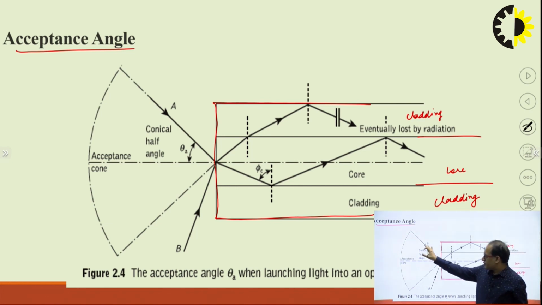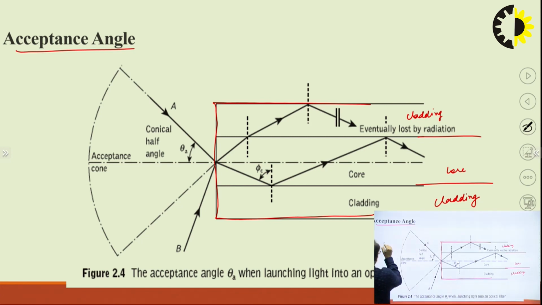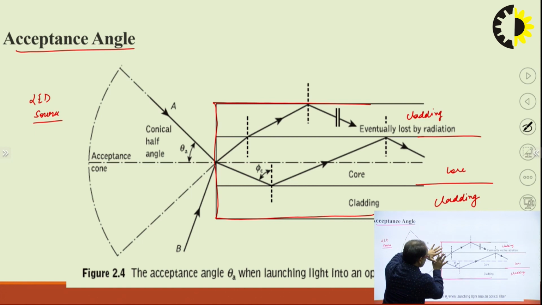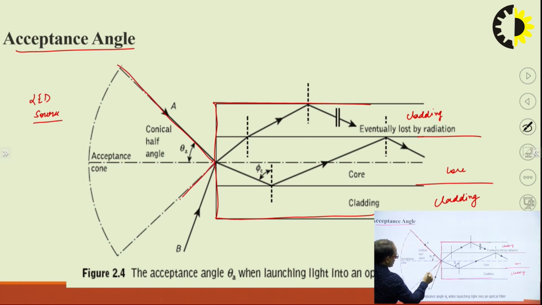If I say here is a LED source generating a light signal, and this light signal enters into the optical fiber cable, and let's say this is an acceptance cone in 3-dimensional. If I say this is a 3-dimensional optical fiber cable, then this will make what? Cone.